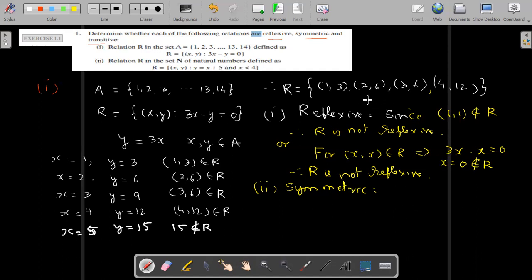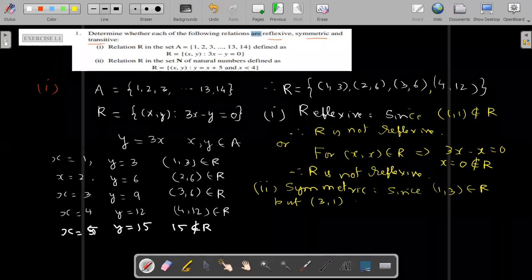Also (2, 6) belongs to this, (6, 2) does not. So we can take the example: since (1, 3) belongs to R, but (3, 1) does not belong to R, therefore R is not symmetric.